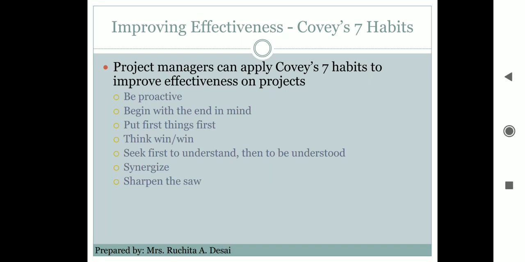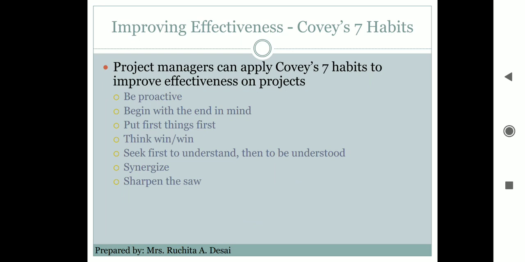Put first things first. Covey developed a time management system and matrix to help people prioritize their time. The next is think win-win. He presents several paradigms, and thinking win-win is the best choice in most situations. The next is seek first to understand, then to be understood.